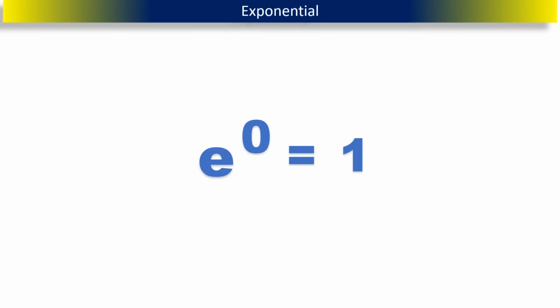You have seen this previously, right? At the beginning of the video you saw e to the power 5. Yes, it's our channel name. Here is an example with another value, e power 0. So e power 0 is nothing but 1. Good. Let's move on to the next one.